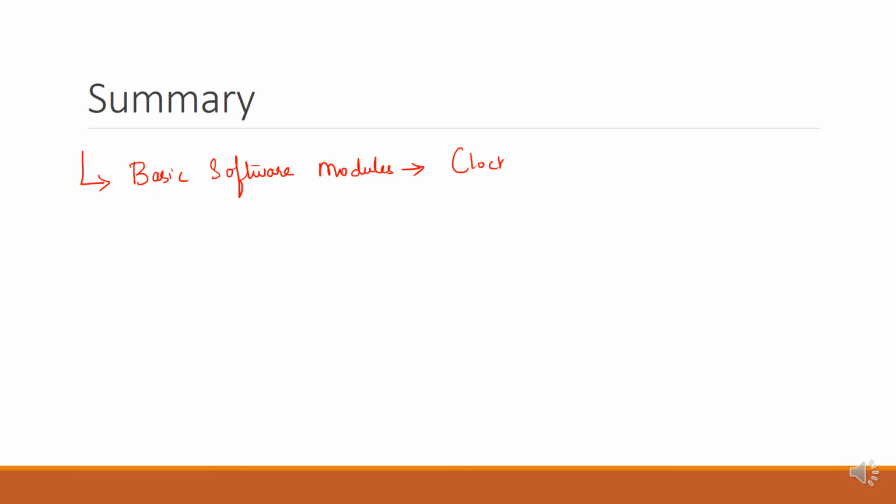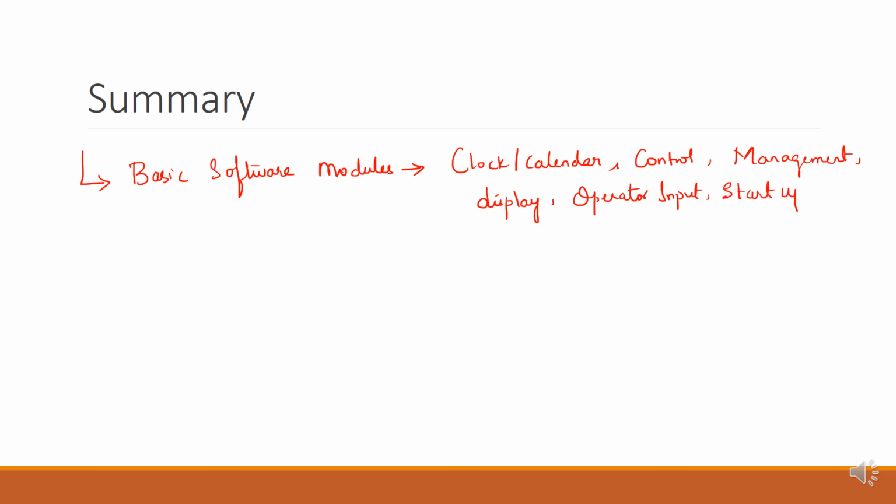We know that these are the clock calendar module, the control module, the management information module, the display module, the operator input module, and the startup module. We also looked into what the startup module is.